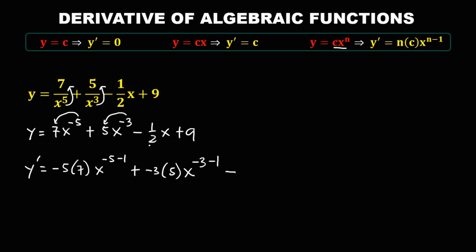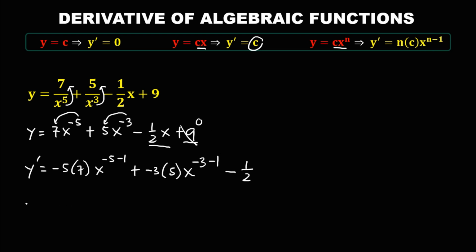Then minus, for a constant and a variable, that's the constant, so this is minus 1 half. And for the derivative of a constant, this one is 0.